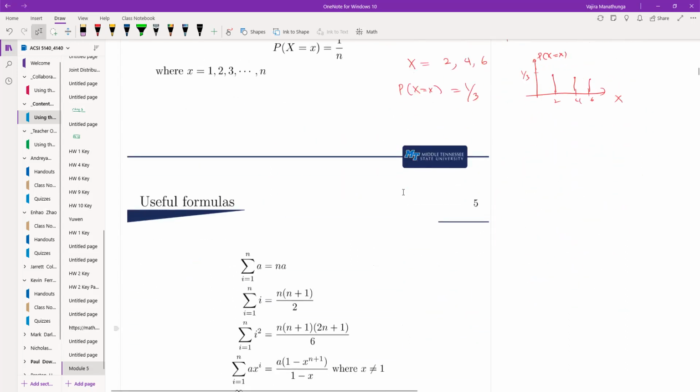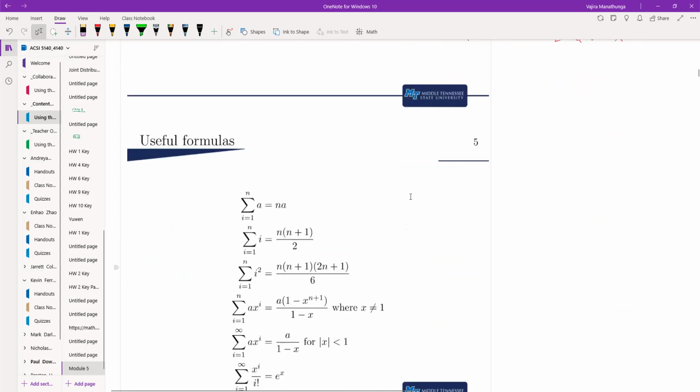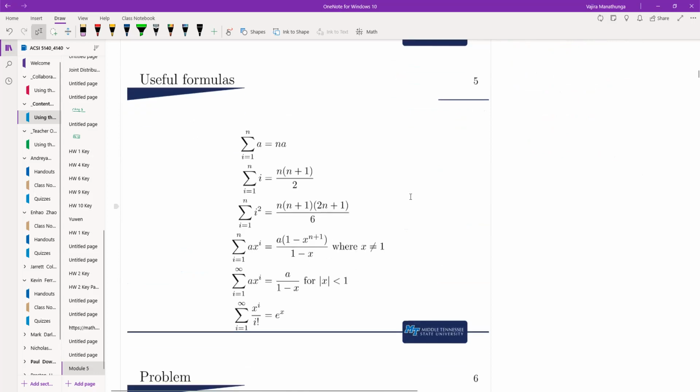Next, I include a few formulas which are very useful when you do calculations. Just to be familiar with these formulas, even in exam P, sometimes remembering them helps you. For example, if you want 1 plus 2 plus 3 all the way up to n, then the sum is n times n plus 1 over 2.